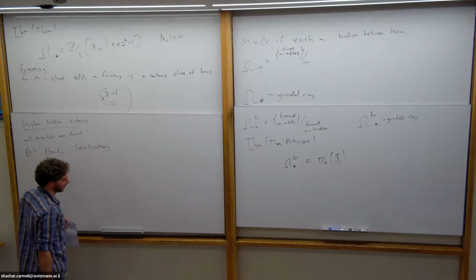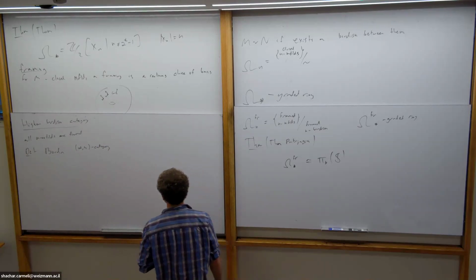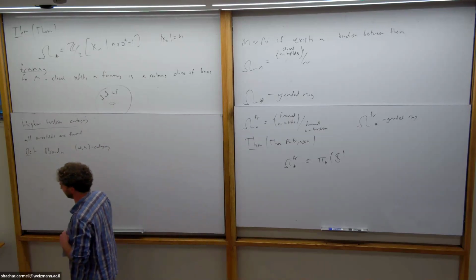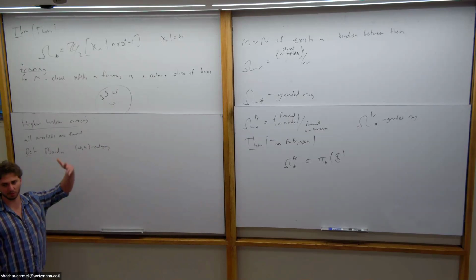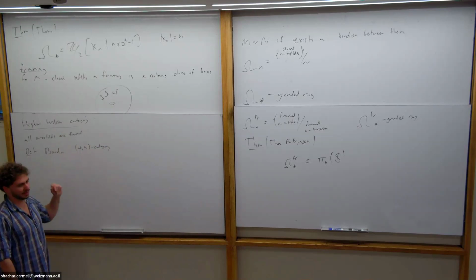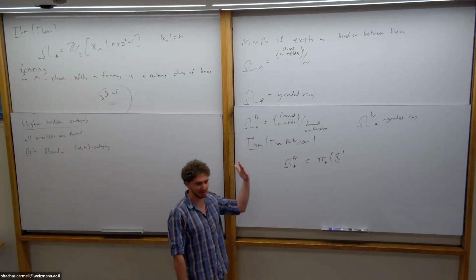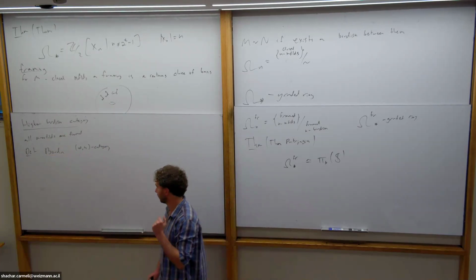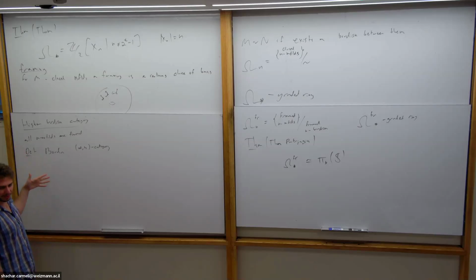I'm not going to define precisely what the infinity n category is, but it's an infinity category in the sense that it has objects, it has morphisms between the objects, it has morphisms between morphisms, and so on up to infinity. And the n says that morphisms of level higher than n are invertible. So I need to give you the non-invertible morphisms up to level n, and then tell you what the invertible morphisms above them are. So what are the objects?